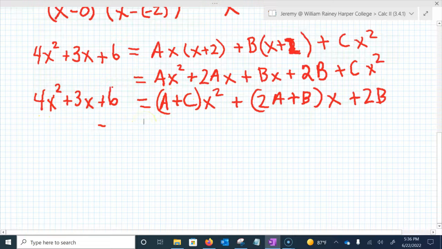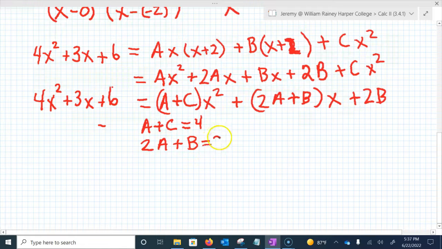So here I'll write that. a plus c must equal 4. And 2a plus b equals 3. And finally 2b equals 6.